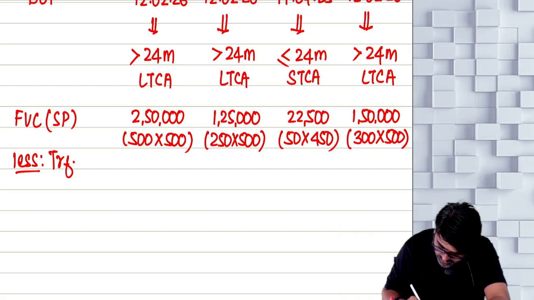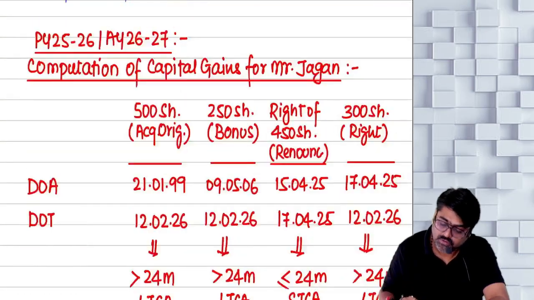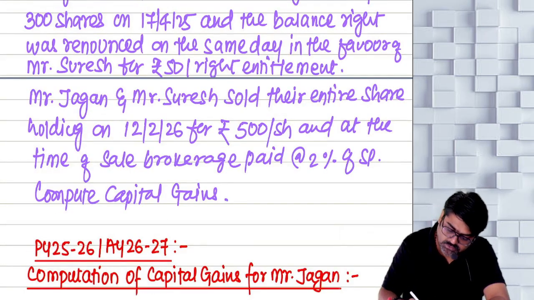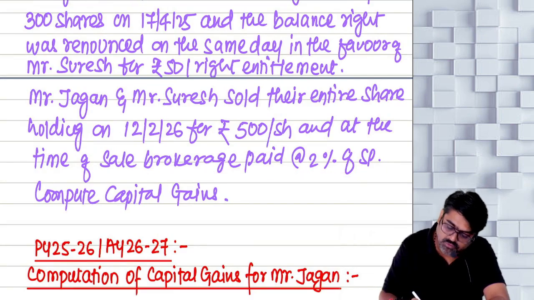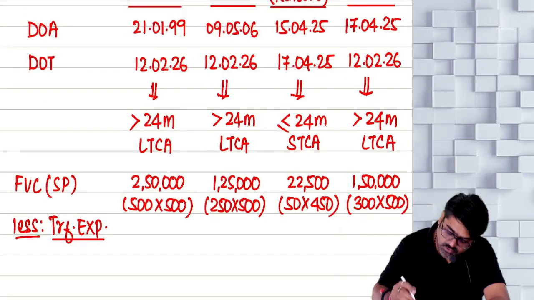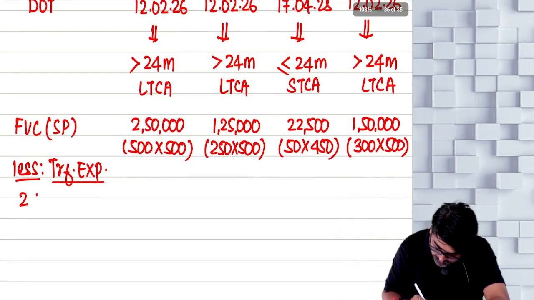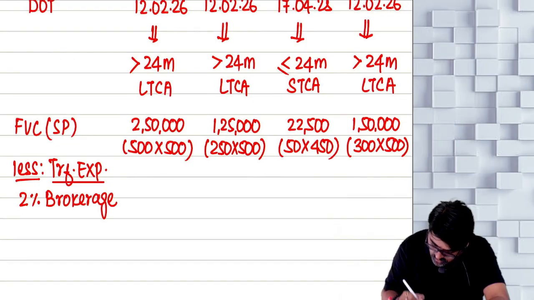Transfer expense. In transfer expense, do you have brokerage? At the time of selling, the brokerage paid was 2% of selling price. Yes or no? So 2% brokerage. And this 2% of what? Selling price only, no?